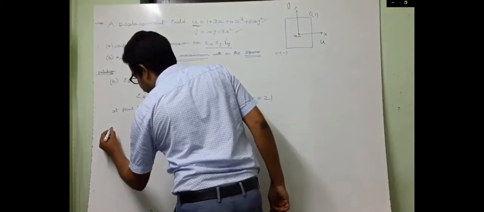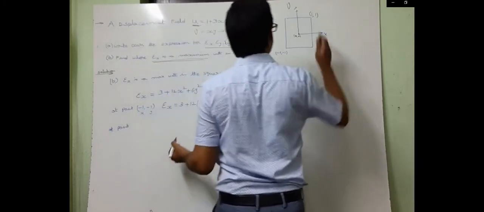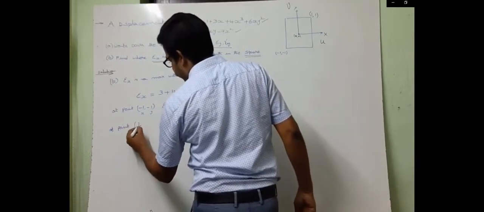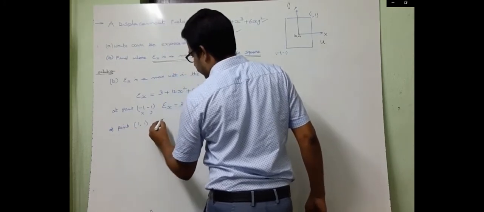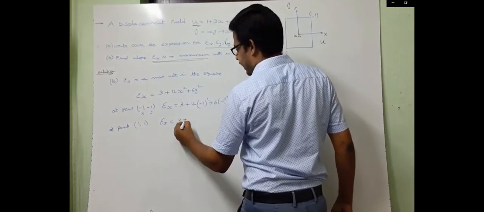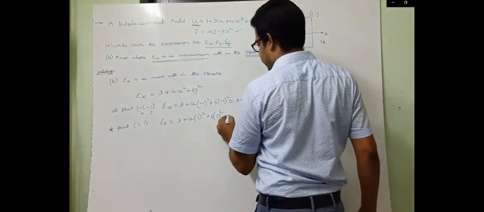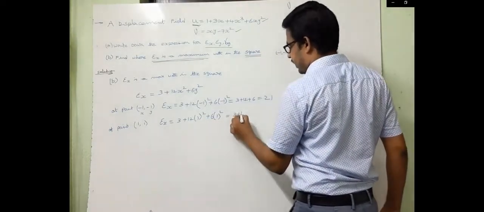What is the second point value? At point 1 comma 1, epsilon x equal to 3 plus 12 into 1 whole square plus 6 into 1 whole square, that equals 3 plus 12 plus 6 is equal to 21.